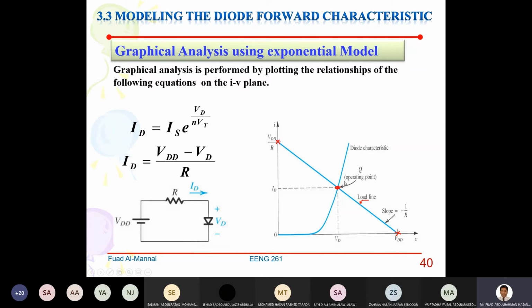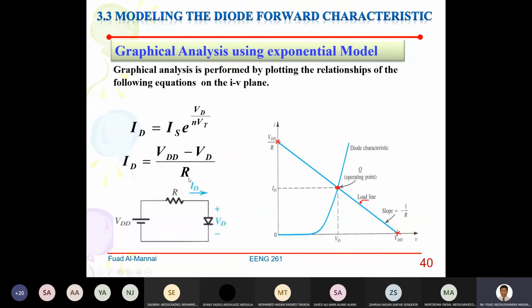This is the curve for the silicon diode, the real diode, exponential like that, and this curve here is drawn by ID equals IS e to the power VD over N VT.